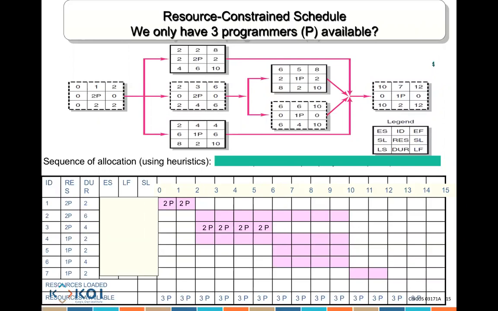No. So can I really start activity 2? No. So which one can I start? 4. Remember, we have to do all the activities in parallel first. I do the 4, because it just needs one programmer.